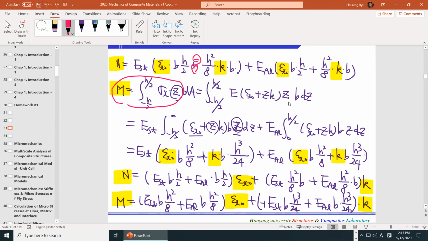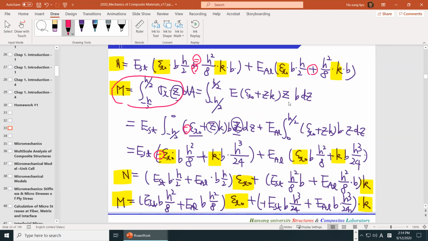So this plus is correct. Plus is correct. And moment, this one, there is the minus. So there should be a minus here. So this is the minus, and this is the A plus.